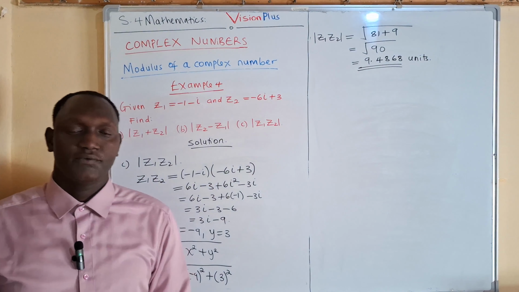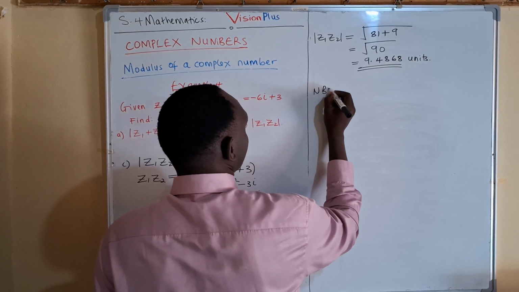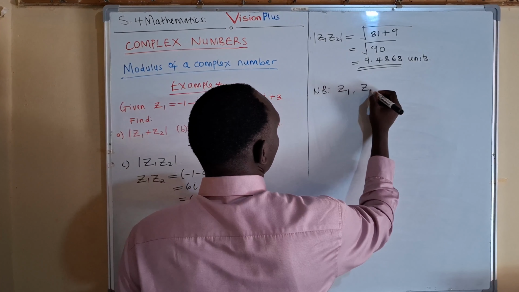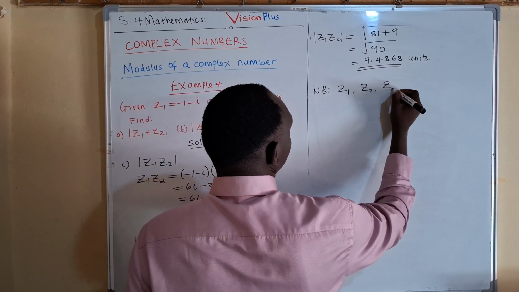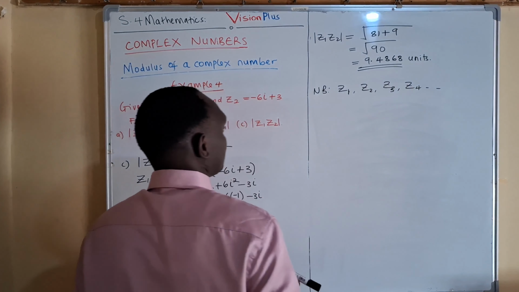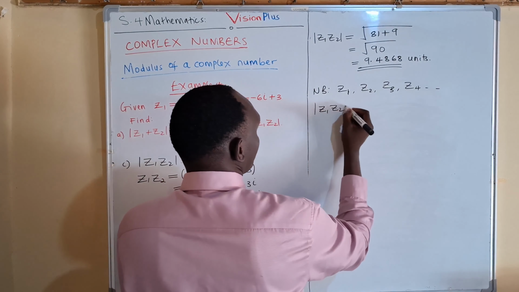And still, they can give you very many complex numbers. They can give you Z1, Z2, maybe Z3, up to Z4, up to a given number of complex numbers. Then they can ask you to find the magnitude of Z1 Z2 even Z3.